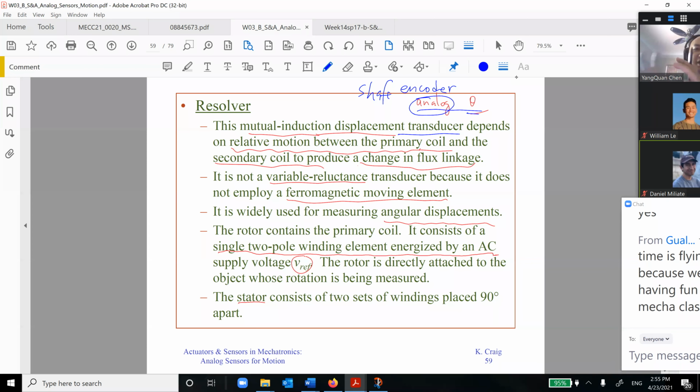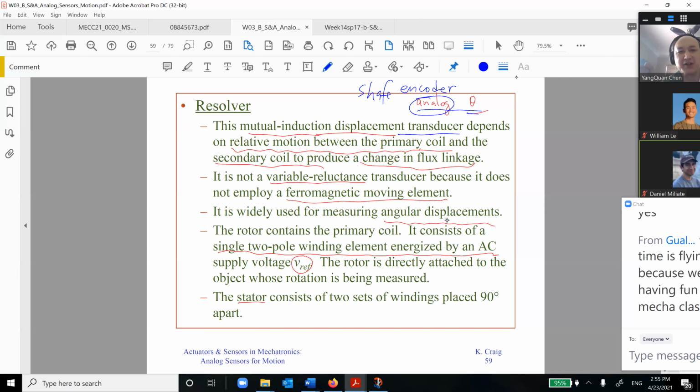If you have any relative motion between the coils, primary coil and secondary coil, then there is a change in the flux linkage. We don't have to use a ferromagnetic moving element in this case. So now the moving elements are the coils.